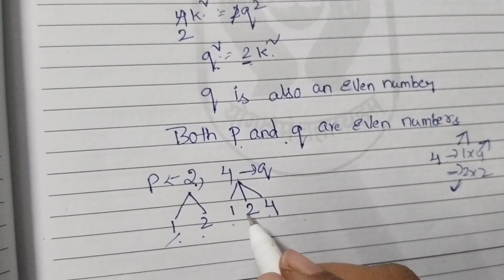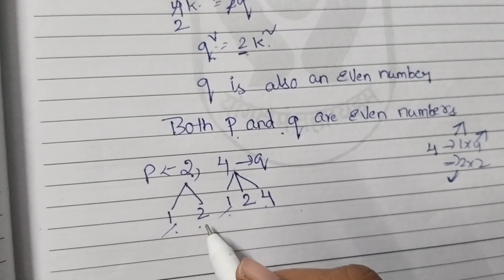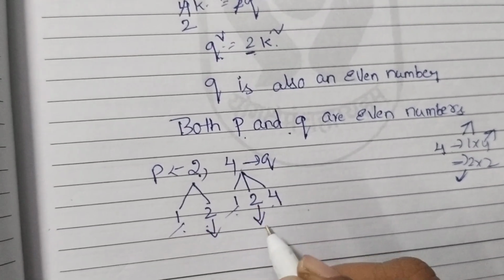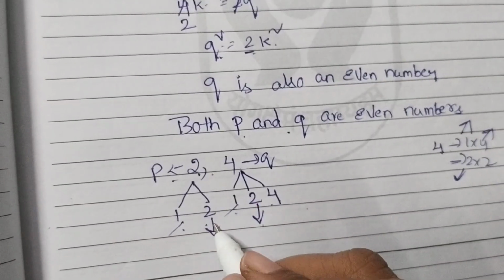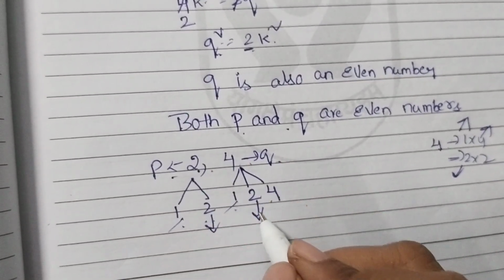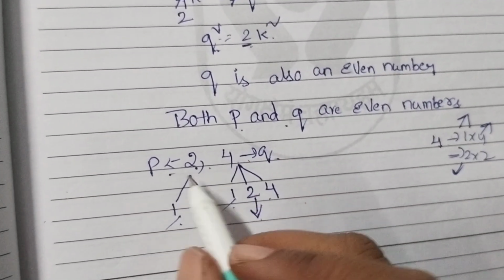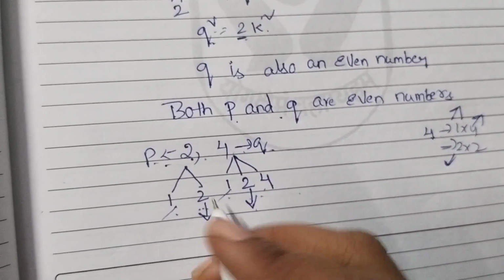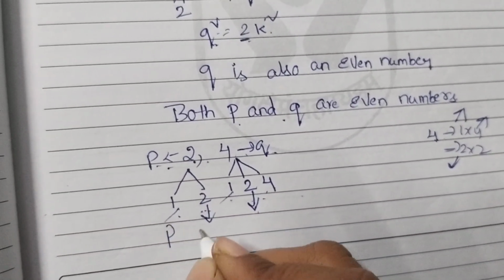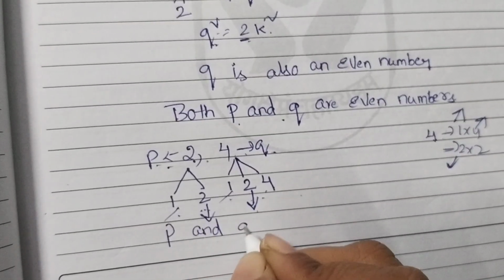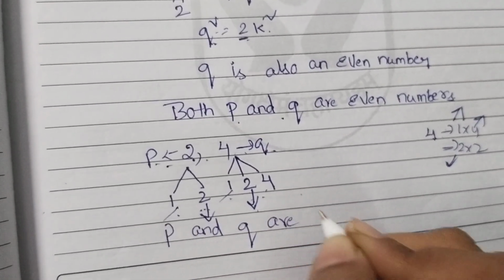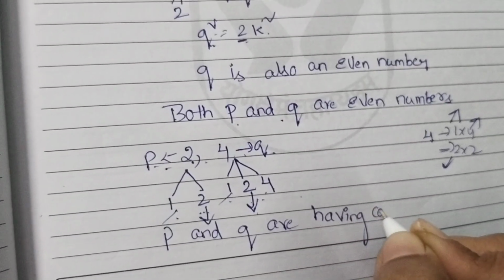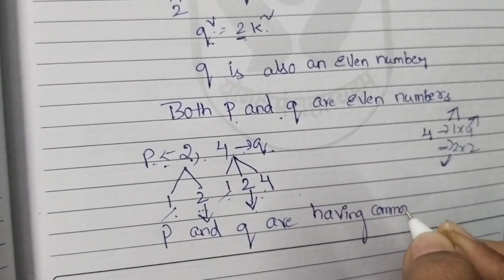Neglect the 1, no need to check it. But we have 2 here, and here also we have 2. p has one factor 2 and q also has one factor 2. It means that both p and q have a common factor 2.